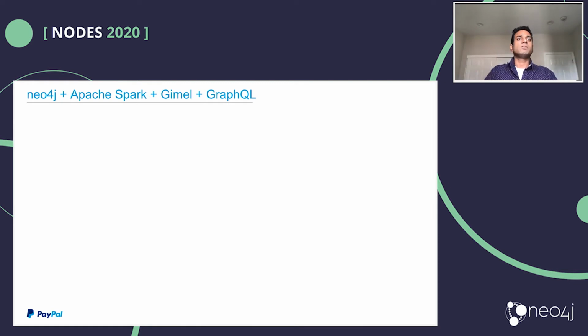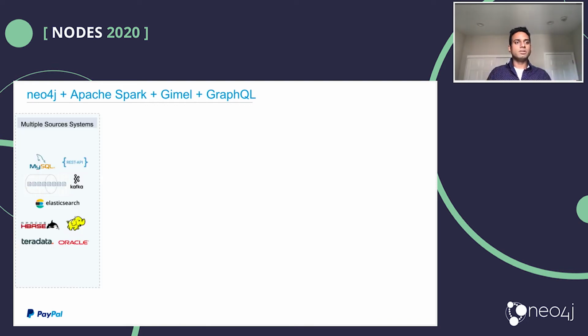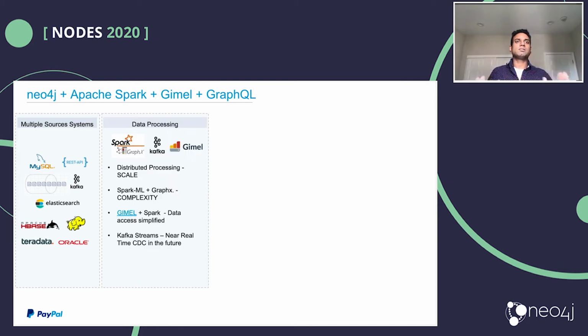To summarize, we are looking at 4 different aspects. One is multiple sources. How do we source the data from various different system of records? This is where we see the combination of Gimel and Spark providing us the ability to access data in a simplified manner.